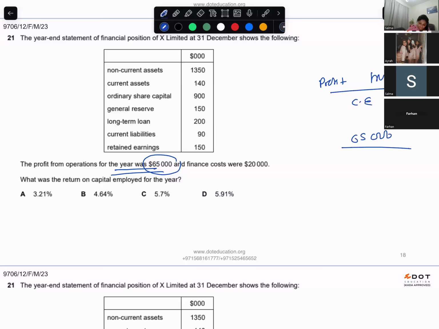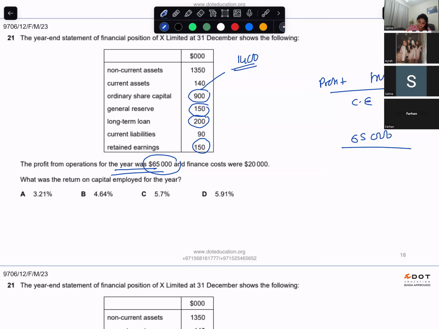Capital employed will be 1350 plus 140... capital 900 plus general reserves plus long-term loans plus retained earnings. Capital plus non-current liability, but I can also do total assets minus current liability. Total assets is how much? 1490 minus 90, 1,400.